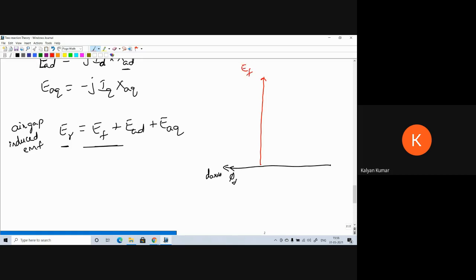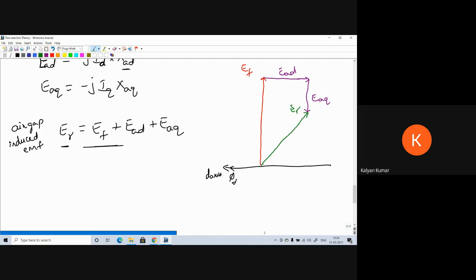From this Ef, if you subtract EAD and EAQ, that means minus j Id XAD and minus j Iq XAQ, we are going to get Er.